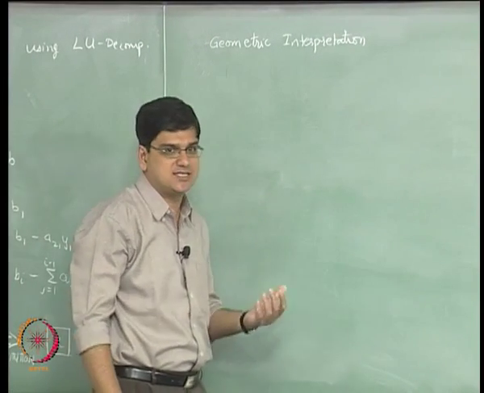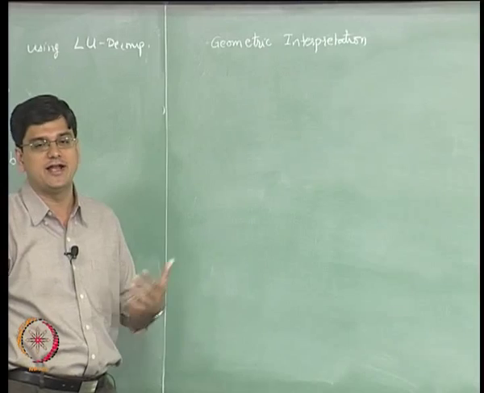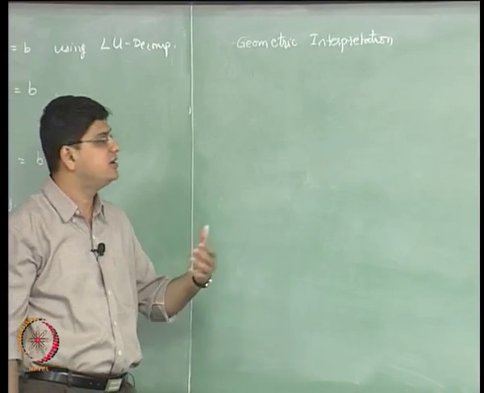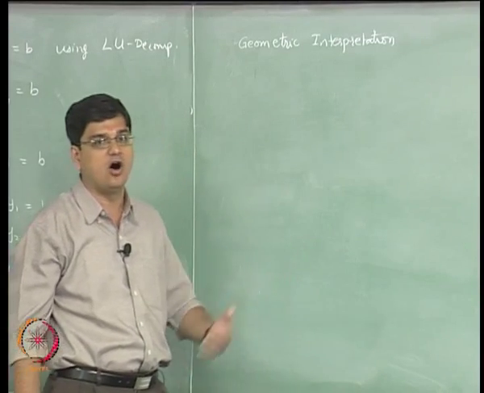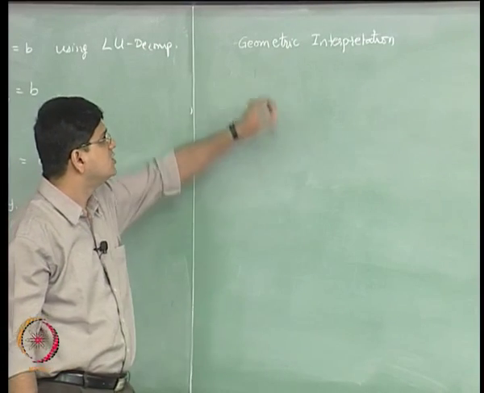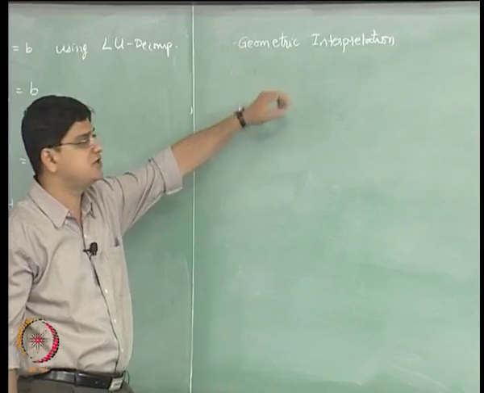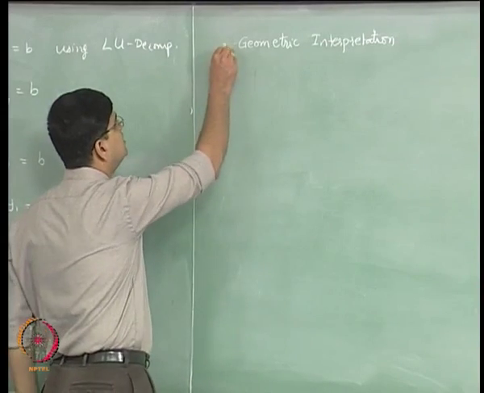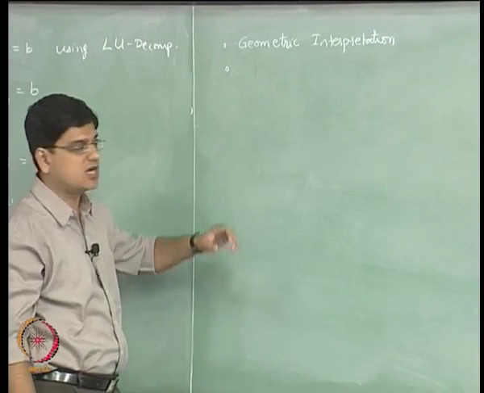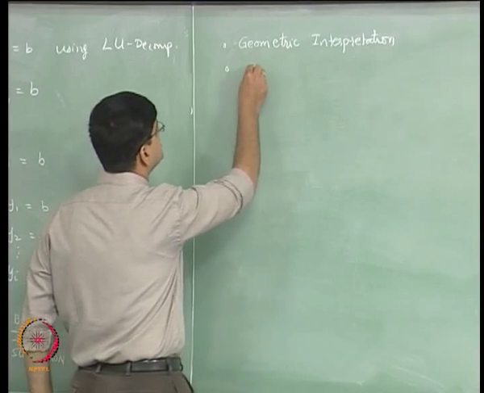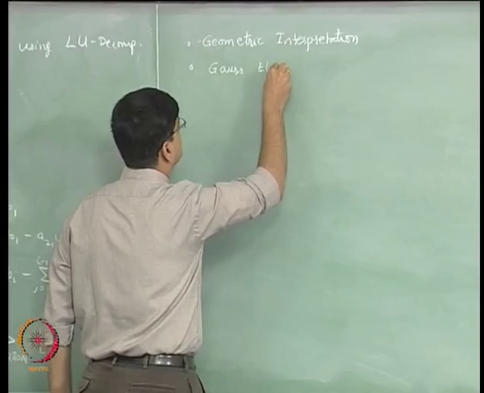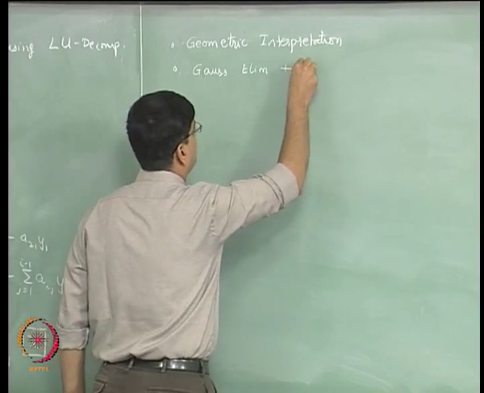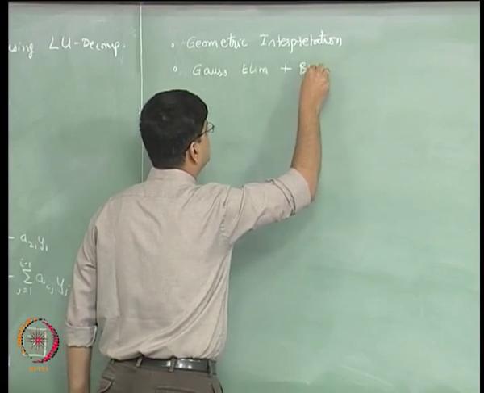We took a small aside into the idea of vector spaces and tried to motivate a different geometric interpretation as a linear combination of various vectors. So, those are the two geometric interpretations we initially considered. After that, we started talking about the Gauss elimination method, and also about backward substitution.